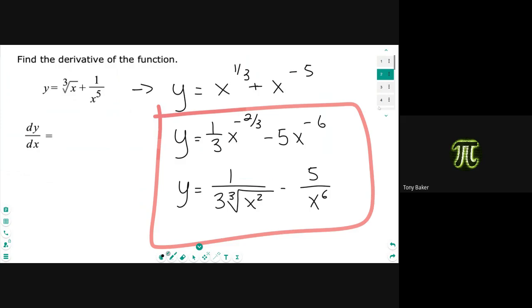I'm just doing them in the same order that was on the actual review test. All right, next one.